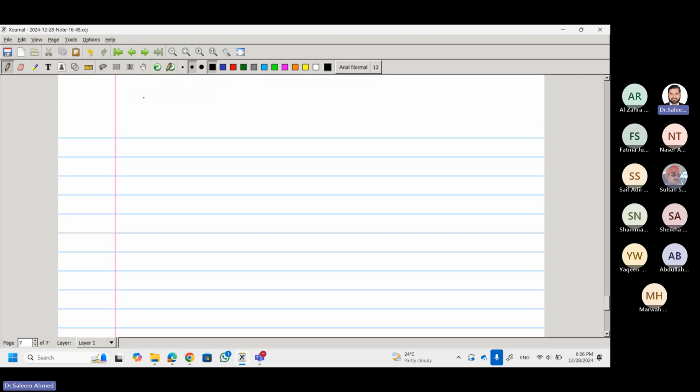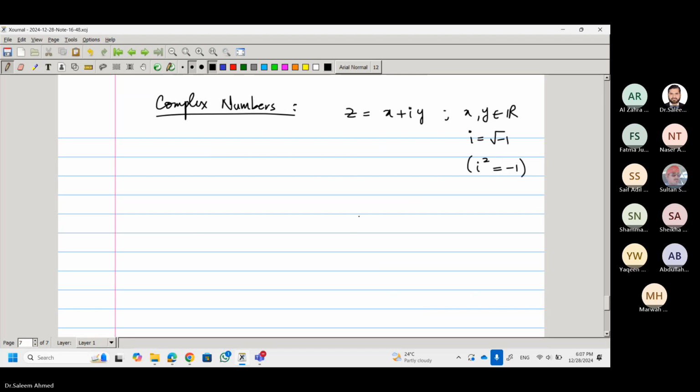So complex numbers, I think, is so easy. Important things are, whatever complex number is given, there are some things related with it. A complex number is x plus iota y, where x and y are both real numbers and iota is defined as square root of -1, or you can say iota square is -1.